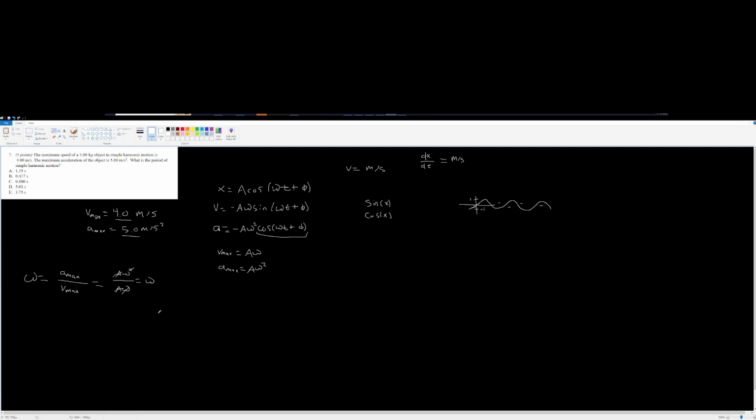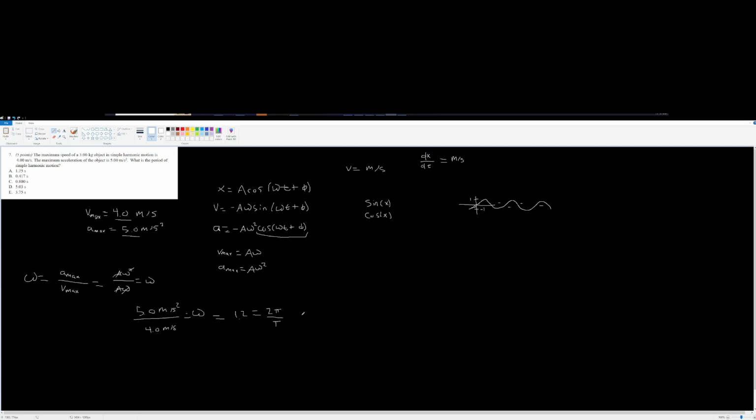So in this case, we have 5.0 meters per second squared over 4.0 meters per second equals omega. That equals 1.2, but we also know that that's going to equal 2 pi over T.